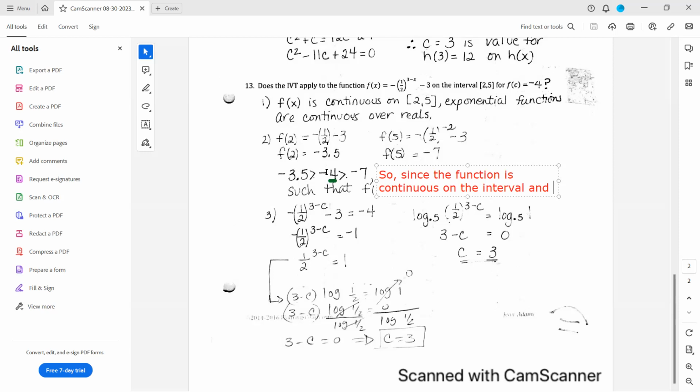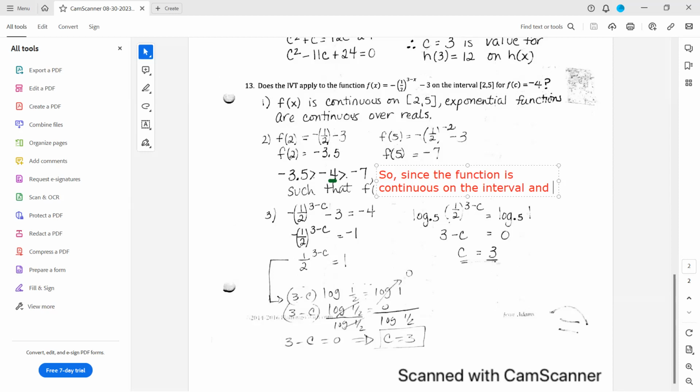-3.5 is less than -4. This should actually be going... wait a minute. Wait a second. I think she's got her inequality signs going the wrong way. Give me a second here.